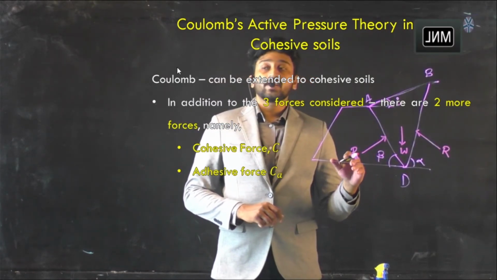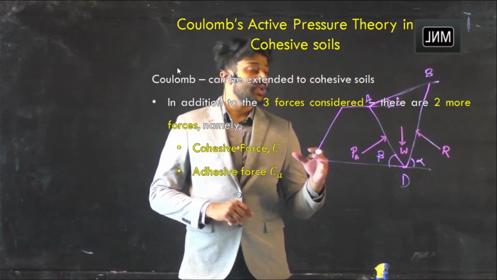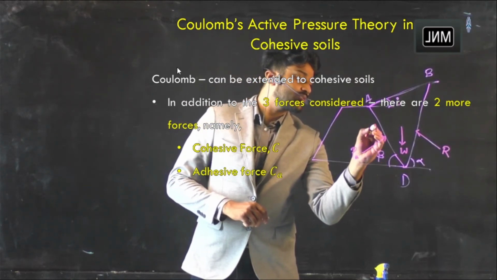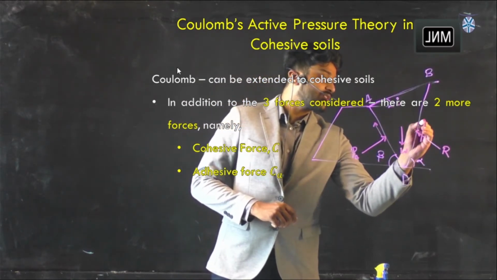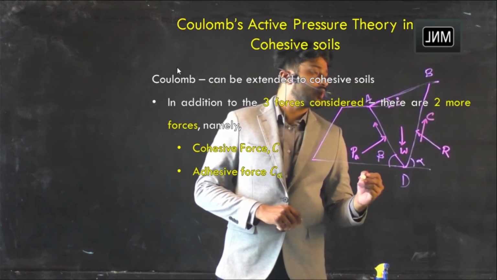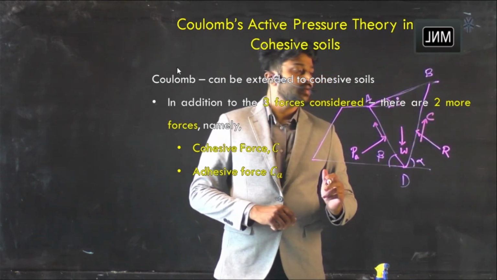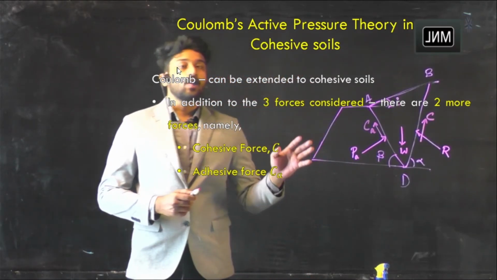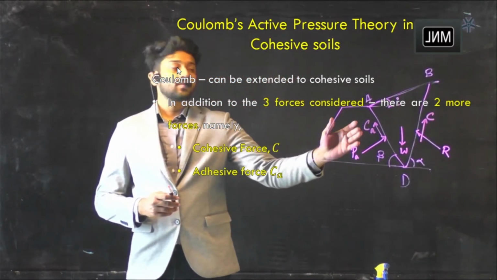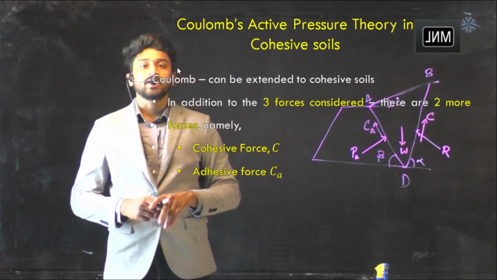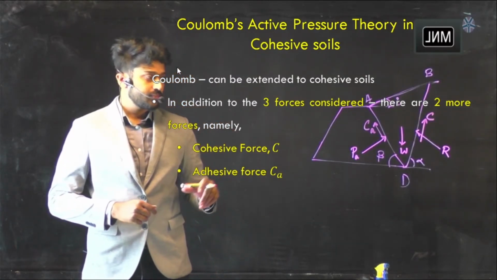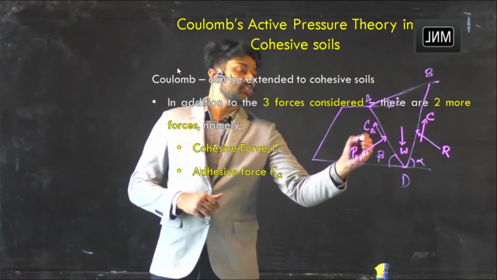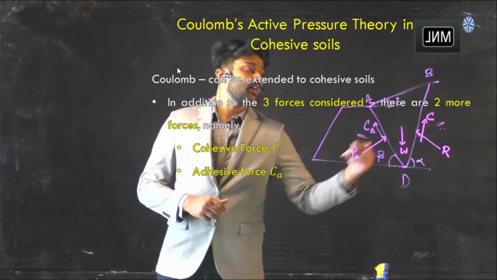So apart from this, in this particular case there is additionally another force due to cohesion, that is C is the cohesive force along the sliding wedge and CA is the adhesive force along the considered resistance offered by this particular body. Okay, so these are the two additional terms, CA and C, what we considered in this case.